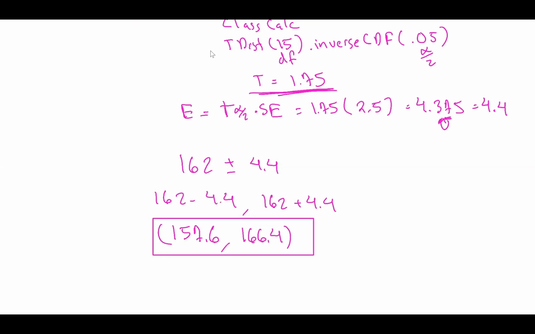Any question in regard to how I got this confidence interval? All right. So I want to make sure that I'm on the right track and my answer is correct. What I'm going to go ahead and do, I'm going to go to class calc and double check this answer.